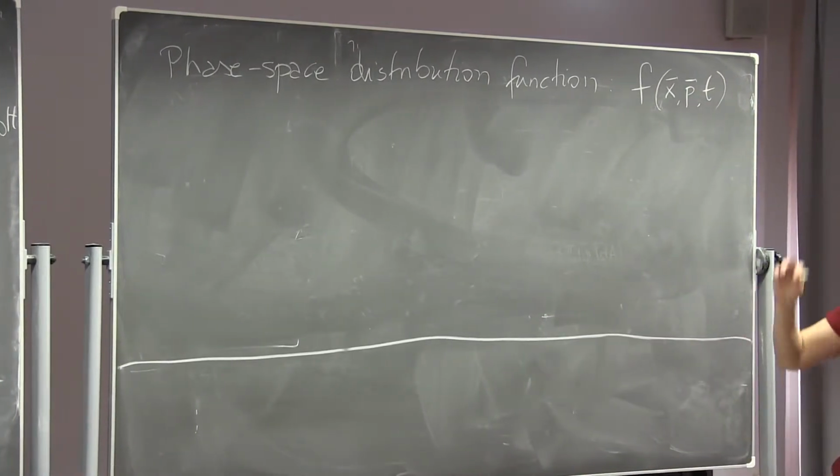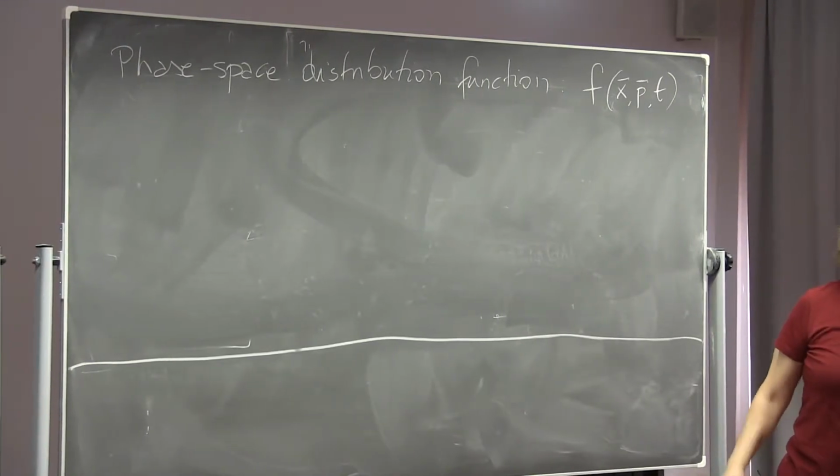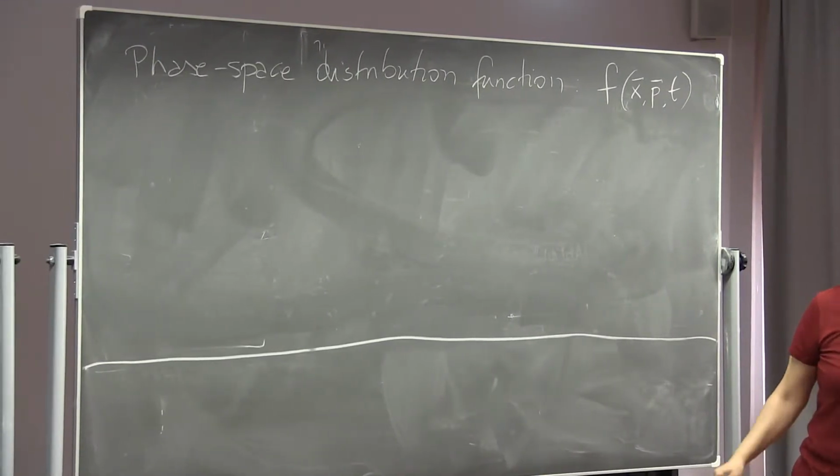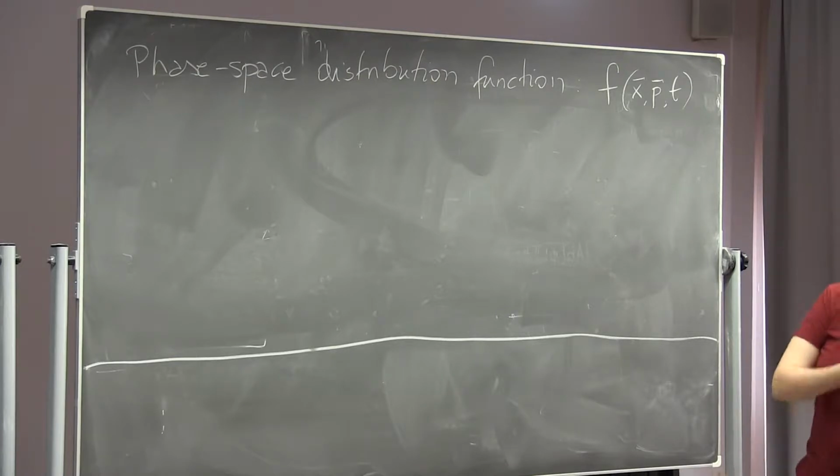Notice that here I am using a slightly different terminology from what was used by Andrei Starinet a few days ago, in the sense that in this case this is a kind of density in the one particle phase space.